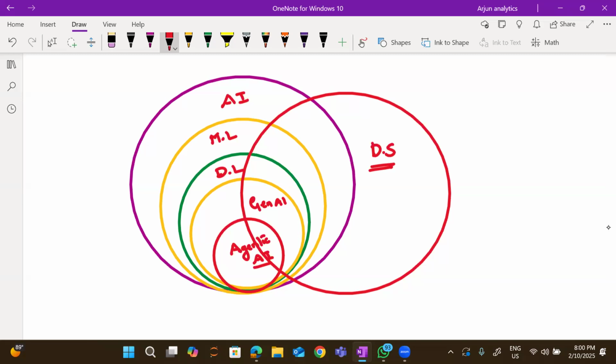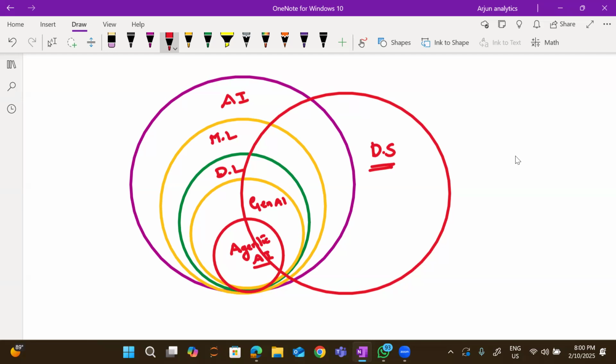ML is a subset of artificial intelligence, which develops machines that can learn by itself. That is what is called ML.